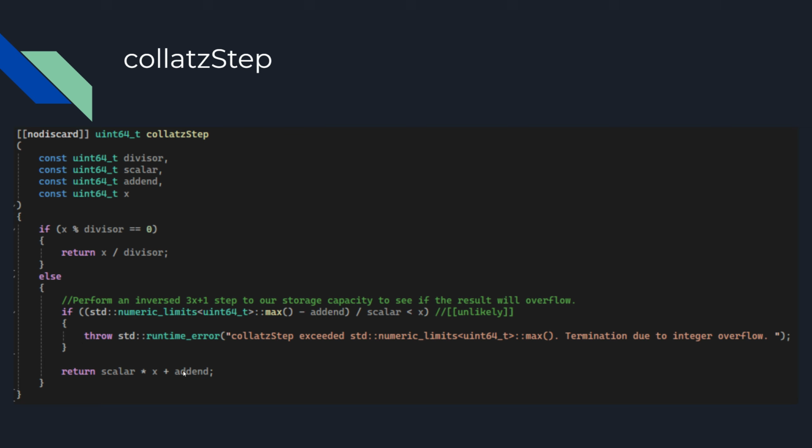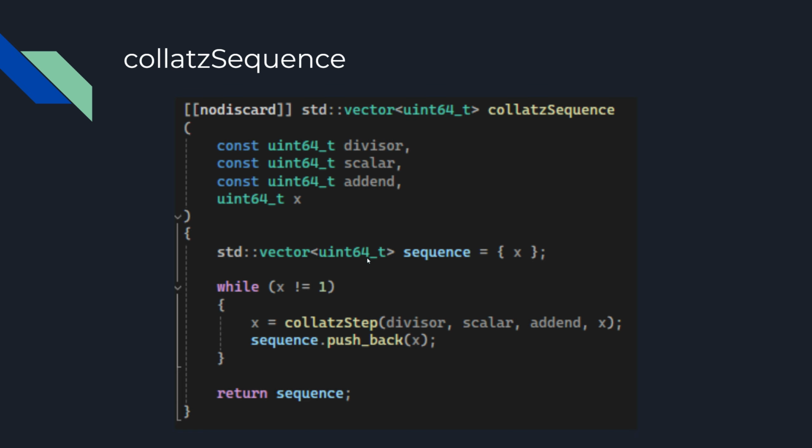Now, to return the entire sequence, we start off with this vector sequence, and we have the input stored in there already. And while the input is not equal to 1, we're going to set that input to the next step by running that aforementioned Collatz step function, which I just showed you here.